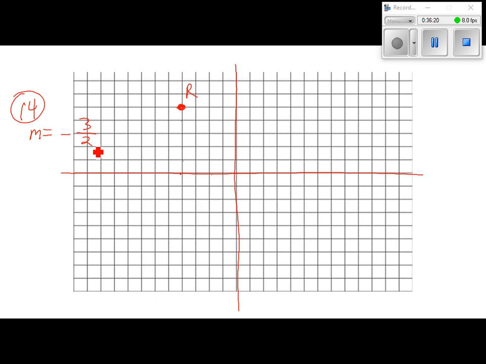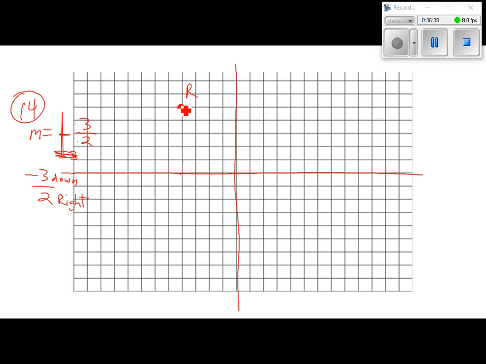However you do this, you have to take this negative and either put it on the 3 or put it on the 2. I'm going to put it on the 3. So that's telling me to go down 3 and to the right 2.